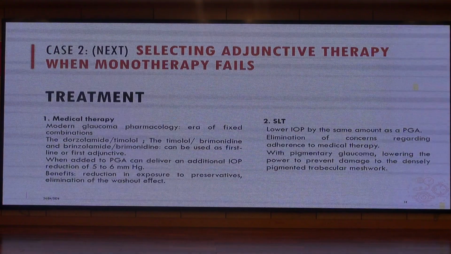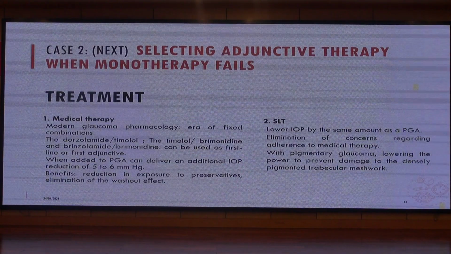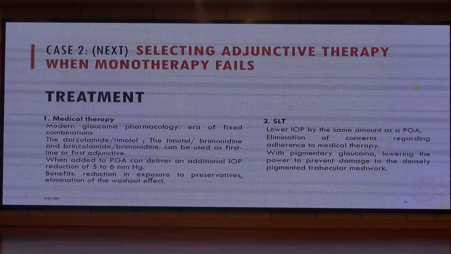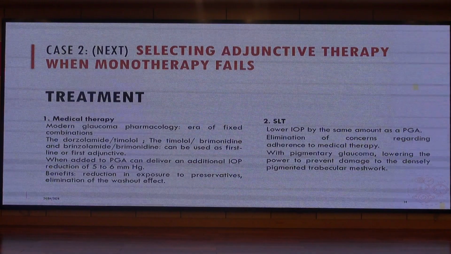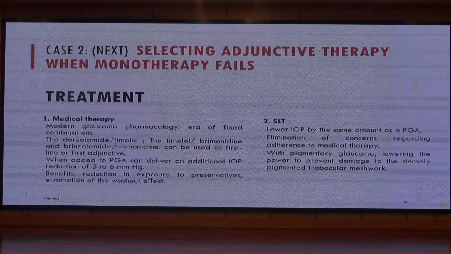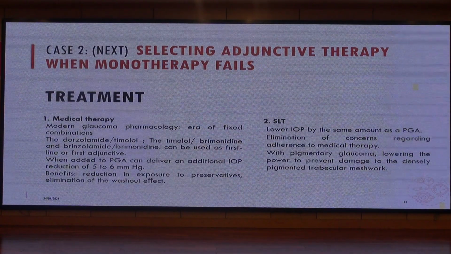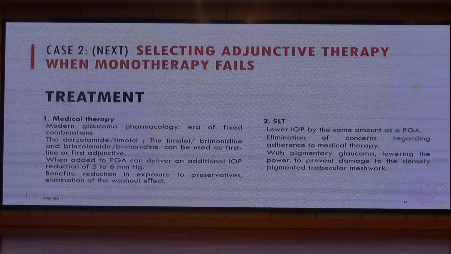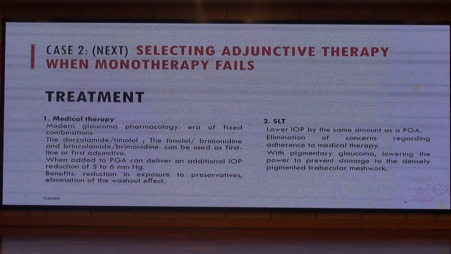When this combination is added to the PGA, it can reduce IOP an additional 5 or 6 mmHg. The fixed combination has many benefits. It helps reduce exposure to preservative, and it helps eliminate the washout effect when you use many eye drops at the same time.